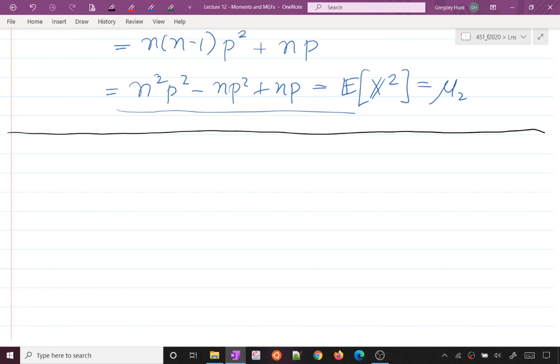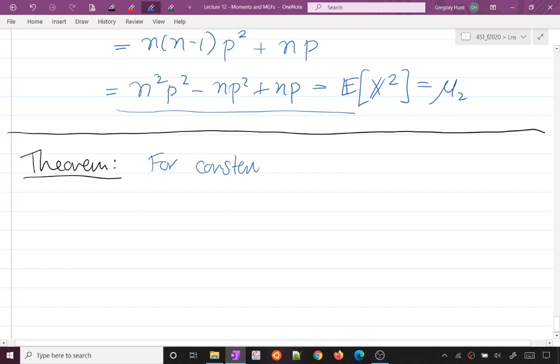Let's talk about some other theorems. We had talked about what happens if I look at linear transformations of random variables, what happens to variance, what happens to expectation. So if I have constants a and b, we're going to find another random variable y, which is ax plus b, right?